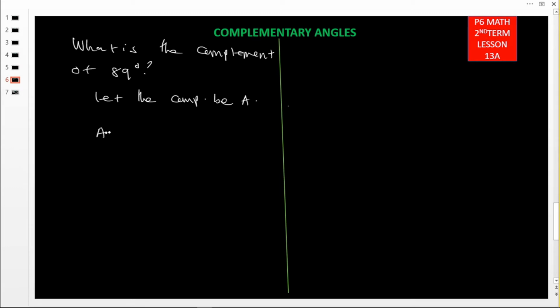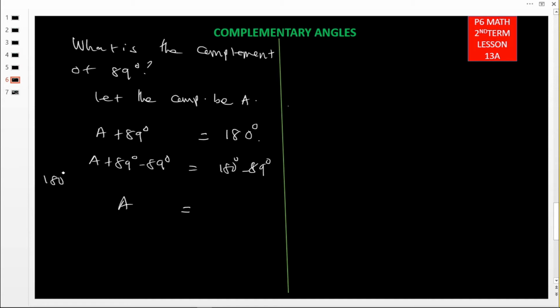So GABA plus 89 degrees is going to give us 180 degrees. So GABA plus 89 degrees minus 89 degrees is equal to 180 degrees minus 89 degrees. So GABA is going to be 180 degrees minus 89.